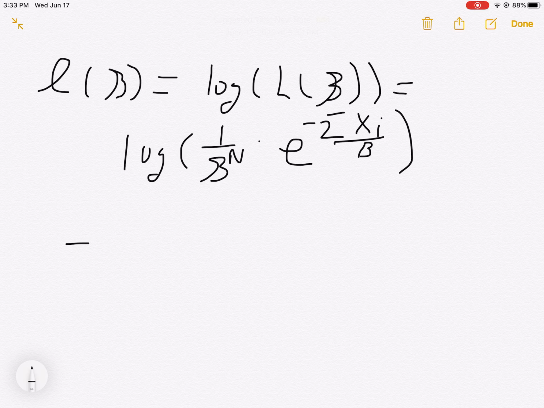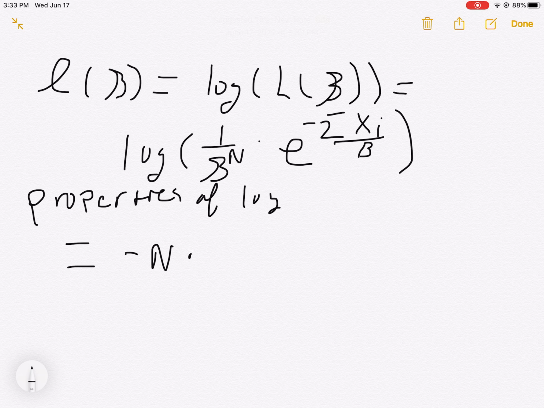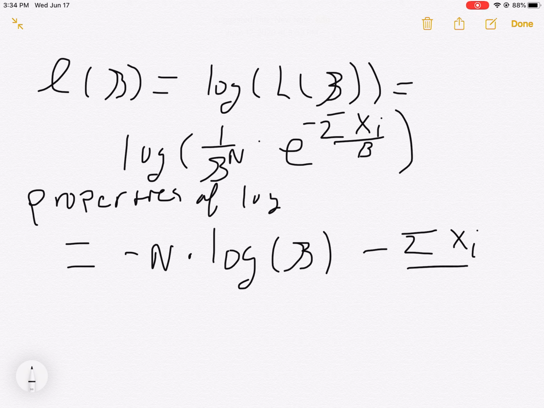Now, using properties of logs, this is going to be minus n times the log of beta minus the summation of xi over beta.